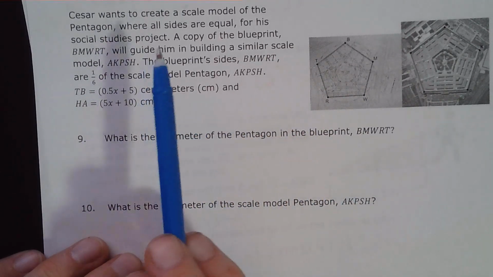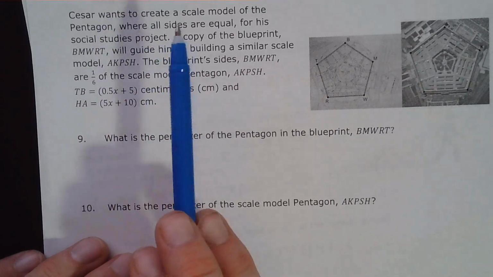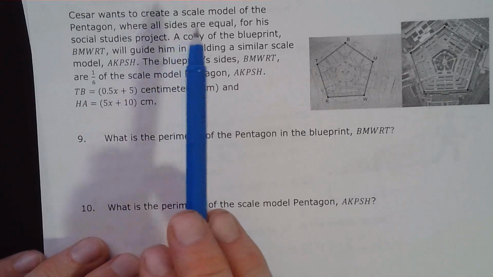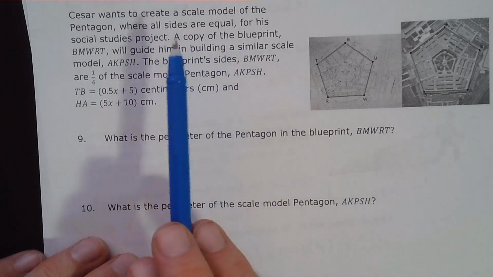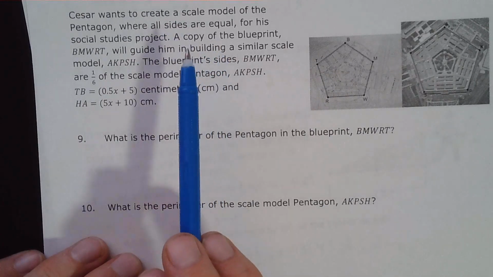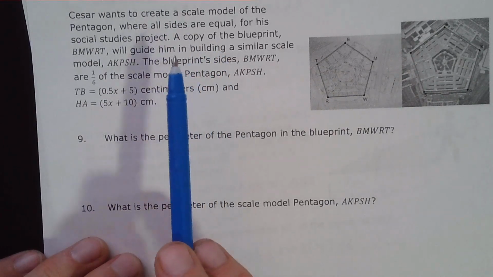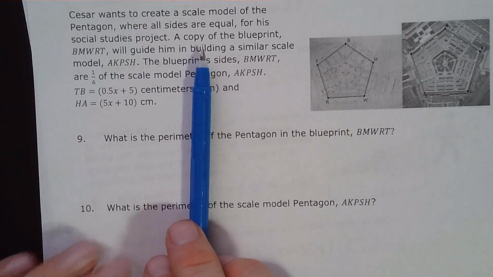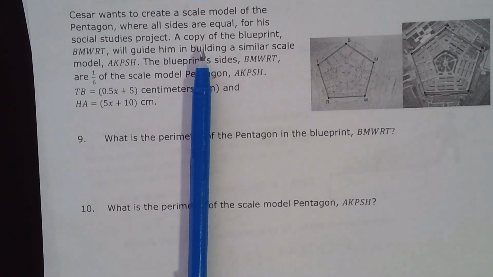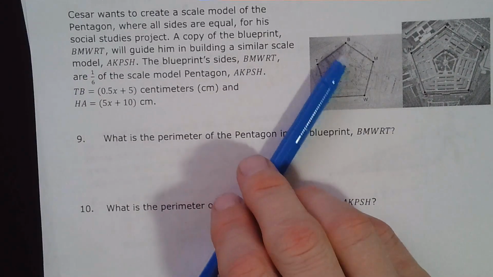Alright, I'm gonna read this better. Okay, he wants to create a scale model of Pentagon and make all the sides equal. Okay, a copy of the blueprint will guide the model. The blueprint has these sides, alright?